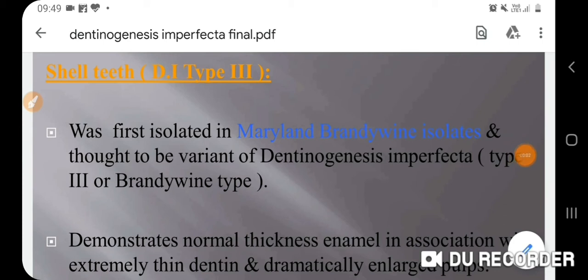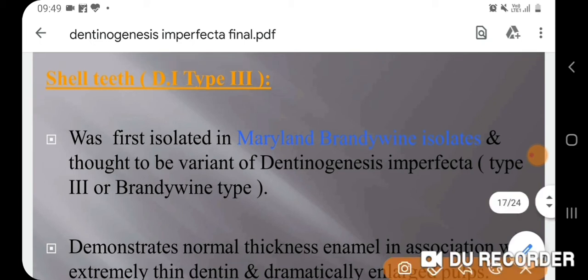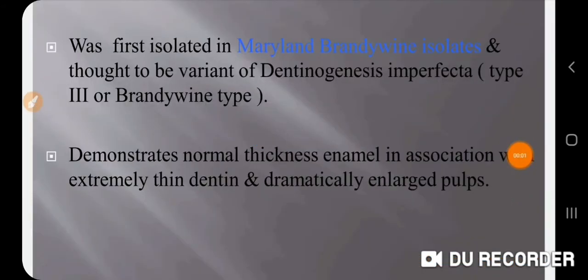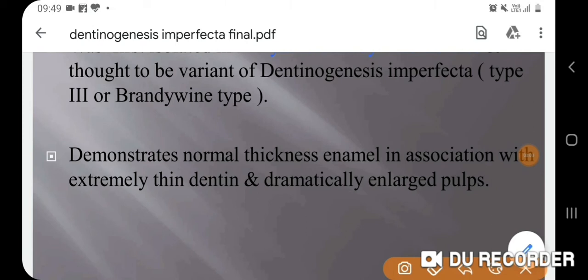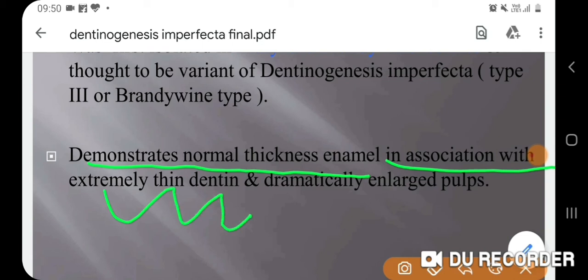Now we come to dentinogenesis imperfecta type 3 or Shields type 3. Here the appearance of the tooth is the shell teeth appearance. In the shell tooth appearance, there is normal thickness of the enamel in association with extremely thin dentine.